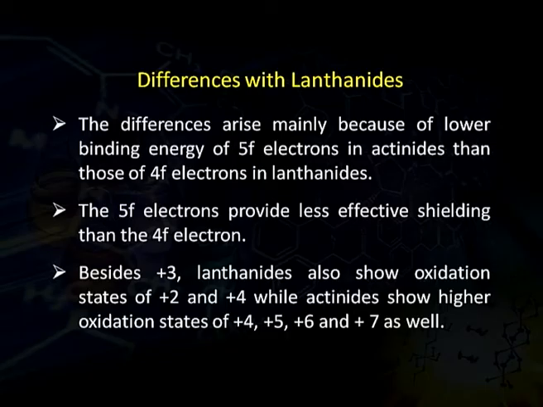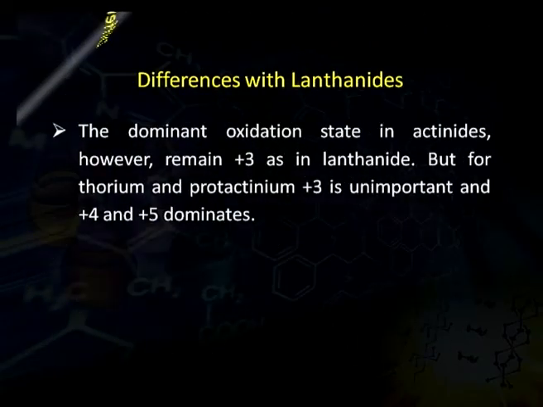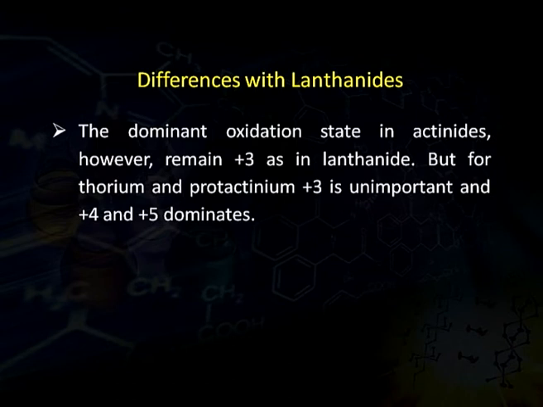Besides +3, lanthanides also show oxidation states of +2 and +4, while actinides show higher oxidation states of +4, +5, +6 and +7 as well. The dominant oxidation state in actinides however remains +3 as in lanthanides, but for thorium and protactinium +3 is unimportant and +4 and +5 dominate.